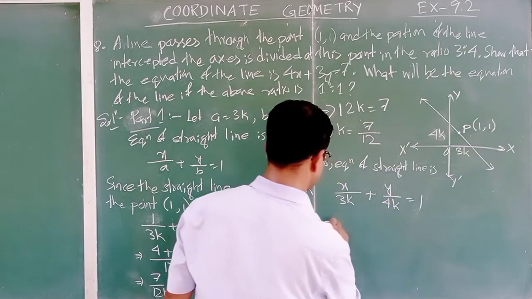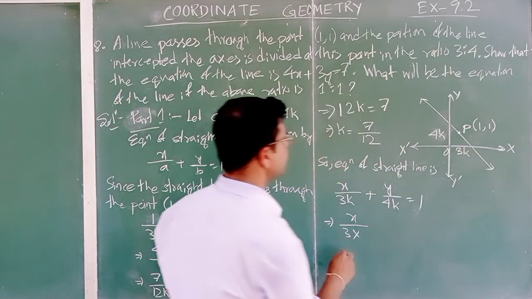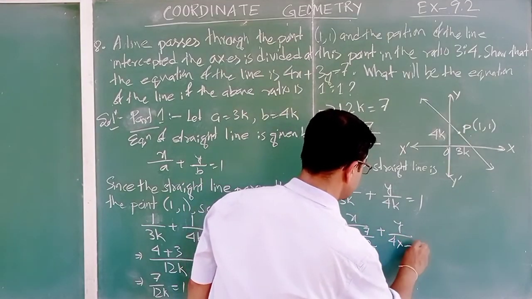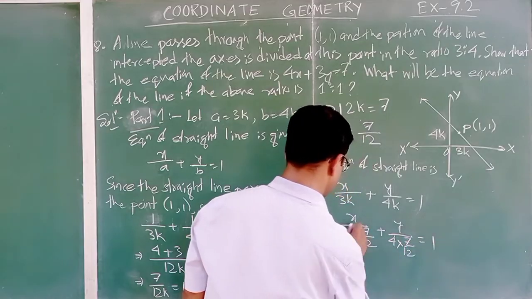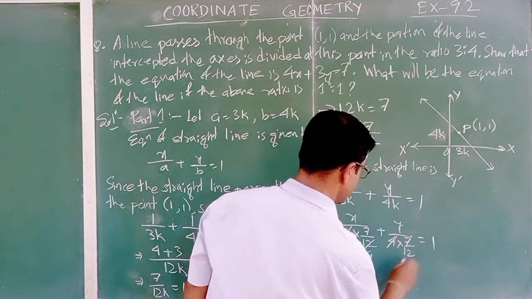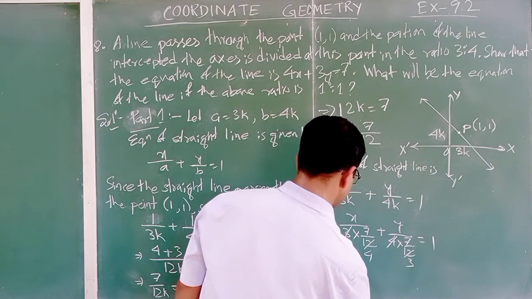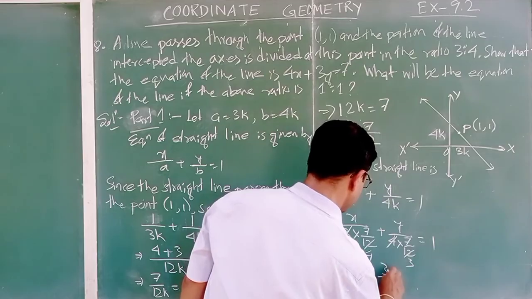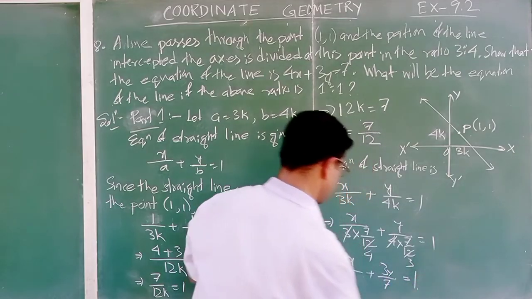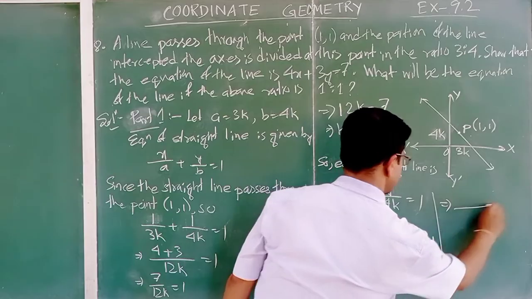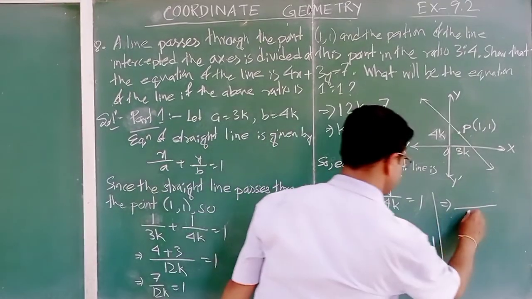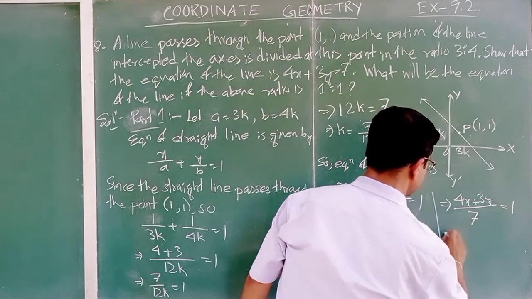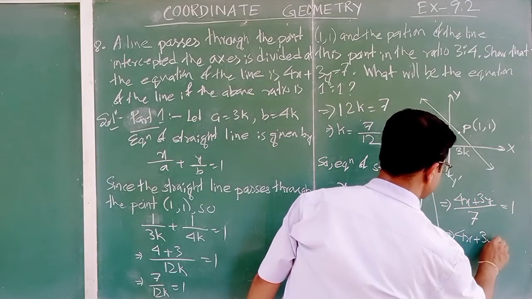So x/(3k) + y/(4k) = 1, with k = 7/12. That gives 4x/7 + 3y/7 = 1. Taking the LCM, which is 7, 4x + 3y = 7.